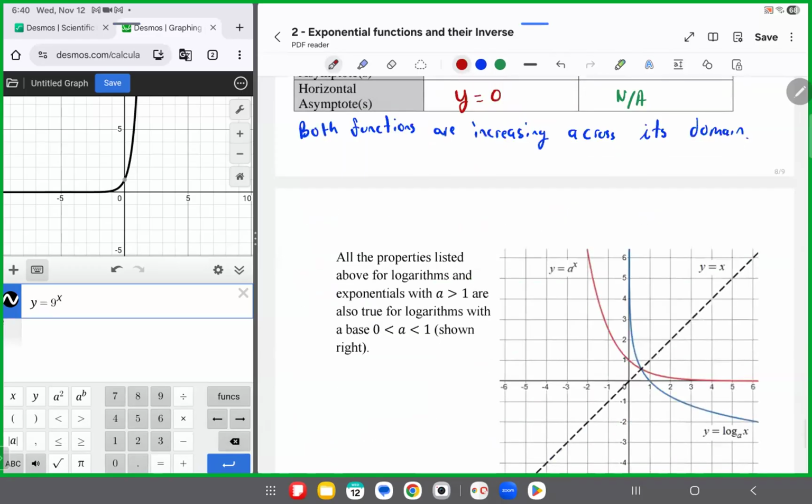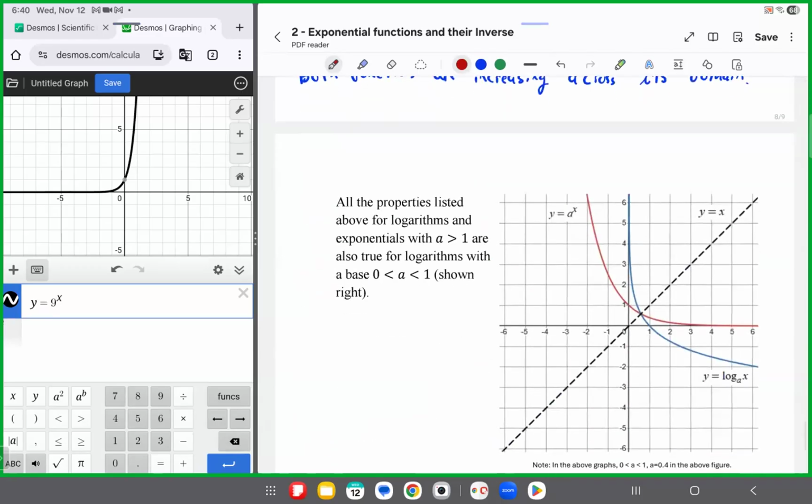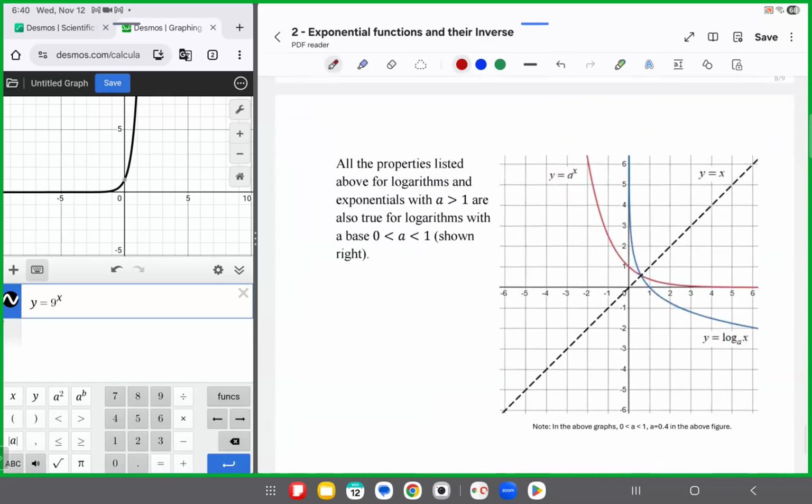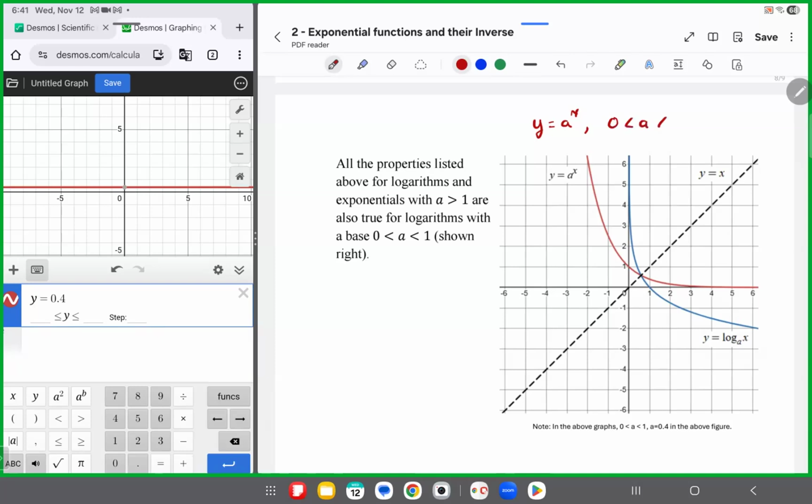However, when you have a value of a between 0 and 1, you'll end up with this shape instead. So if I type in y is equal to, say, 0.4 to the power of x, we end up with this shape. And this is a value of a between 0 and 1.